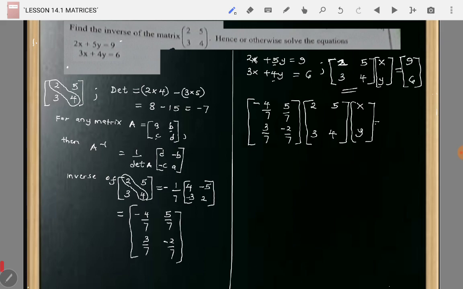The other side also, we pre-multiply. So whatever we do to the left, we must do to the right. 4 over 7, negative 5 over 7, negative 3 over 7, 2 over 7. We also here pre-multiply, meaning we multiply first before putting the matrix that was there originally.